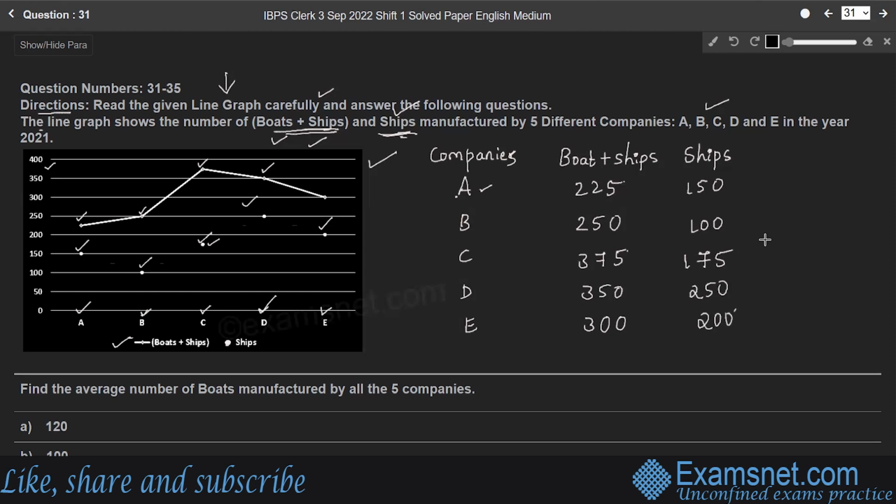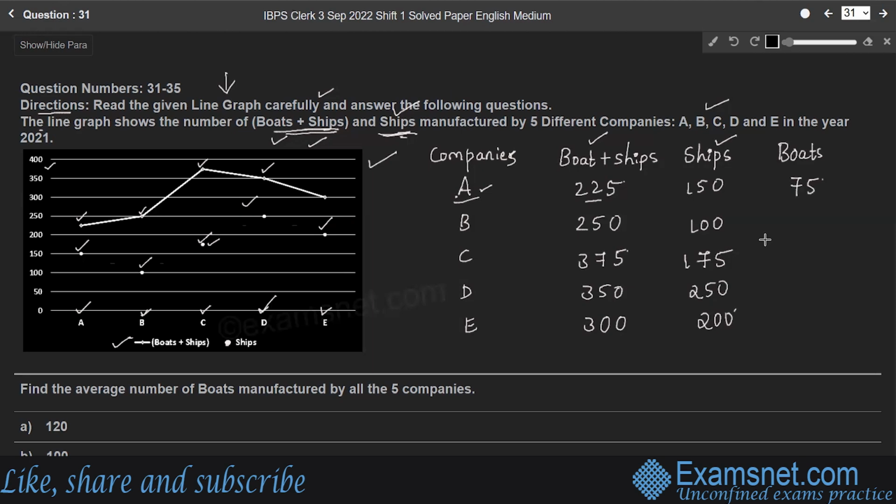In the next column, we will take the number of boats prepared by the respective company. In the second column, boats plus ships is taken. Therefore, in the third column, only the number of ships is taken. Therefore, the number of boats manufactured by company A is 225 minus 150, which is 75.